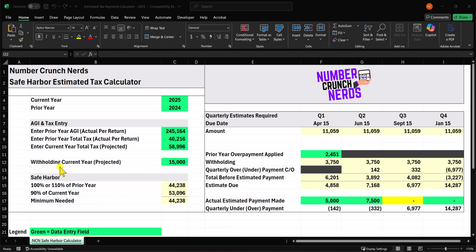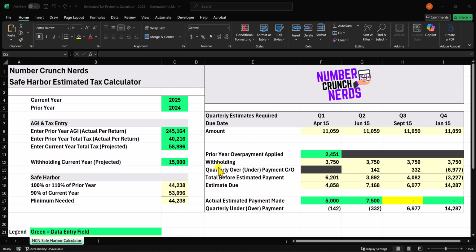That's going to be dependent on whether you choose to withhold from distributions from your IRAs or from your regular brokerage accounts or from any source of money where you can actually have withholding completed on your behalf. But you're going to need to know what that amount is, or at least an estimate of what that amount is. For this example, we'll assume it's $15,000 for the year.